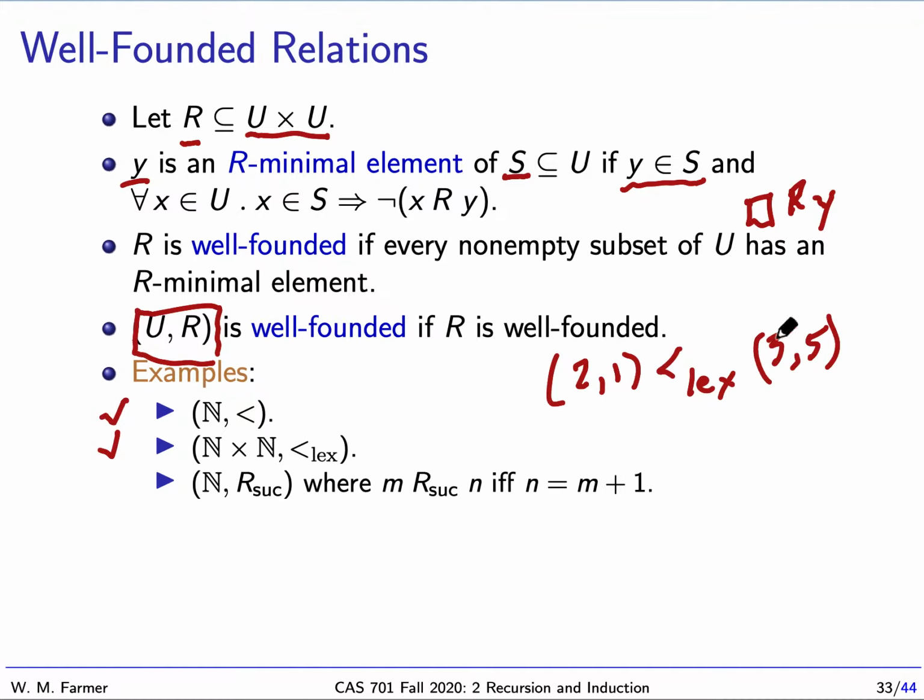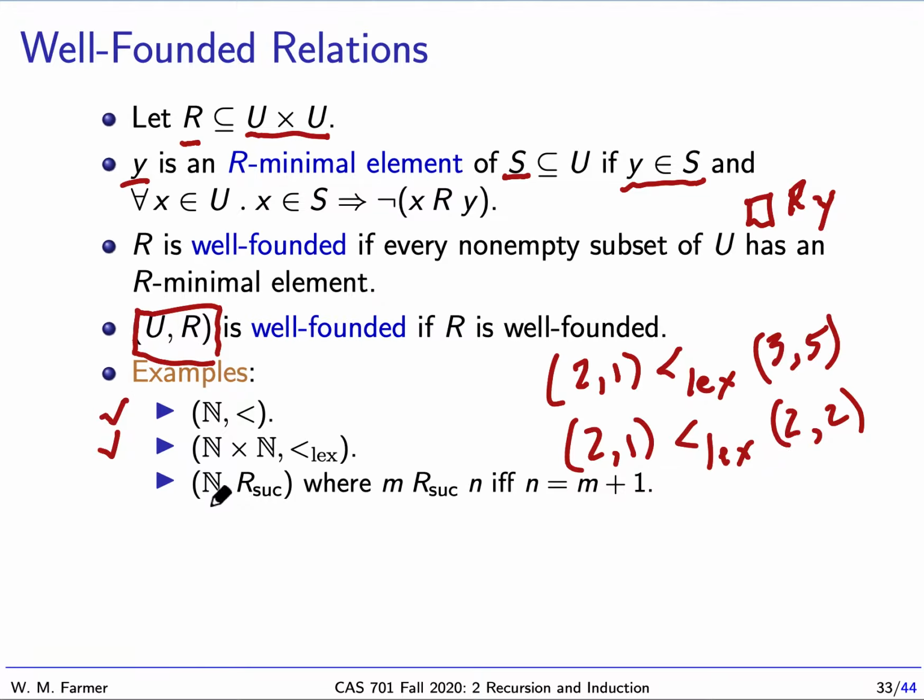That's because 2 is less than 3, but also (2, 1) is less lexicographically than (2, 2), since the 2s are the same, but 1 is less than 2. This is the same kind of ordering that you see for words in a dictionary.